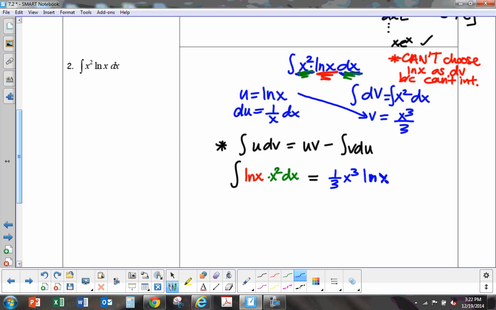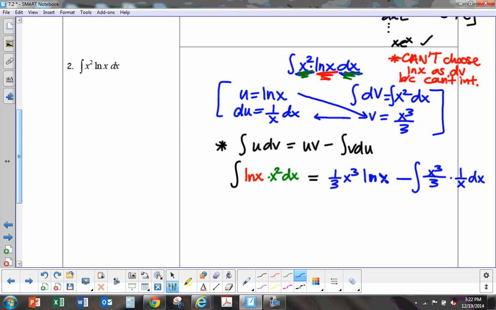So 1/3 x to the third times natural log of x, that's uv, minus the integral, and you go straight across, of v du, x to the third over 3 times 1 over x dx. That was u times v, as I had up at the top, minus the integral of v times du.